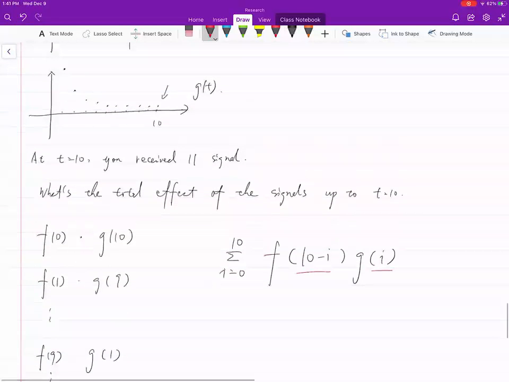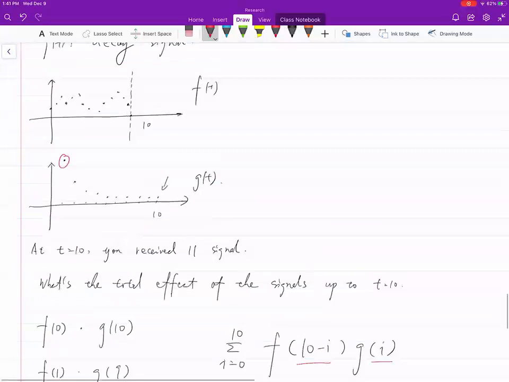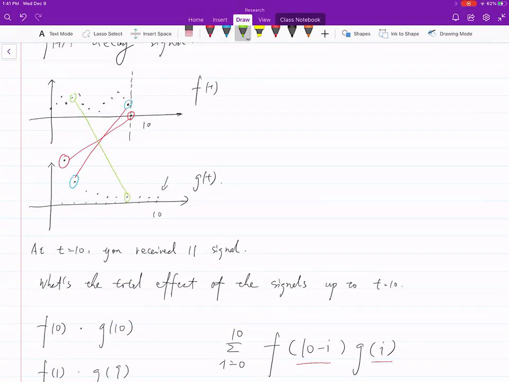Okay, so it's almost this number multiplied with this number, and then this number multiplied with this number. If I draw this multiplied with that, this multiplied with that, this number multiplied with that. Okay, it's not exactly accurate. Can you see it's actually a one-to-one correspondence between F and G, but with G flipped? And to make sure that the indices sum together to 10: if you are 1 away from 10, which means you are 9, you should do G1.